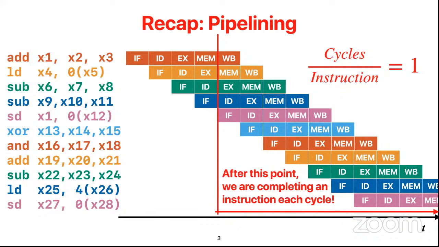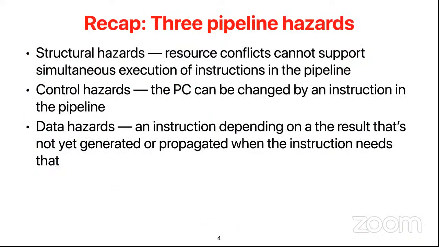However, having the pipeline work perfectly is not easy because you have to deal with 3 different types of hazards. The first type is structural hazard. Sometimes we want simultaneous instructions, but because there are conflicts in the resources, we cannot support that.